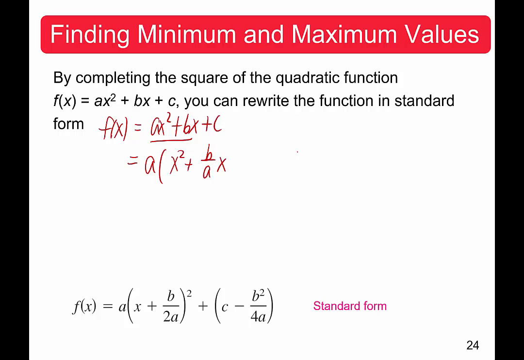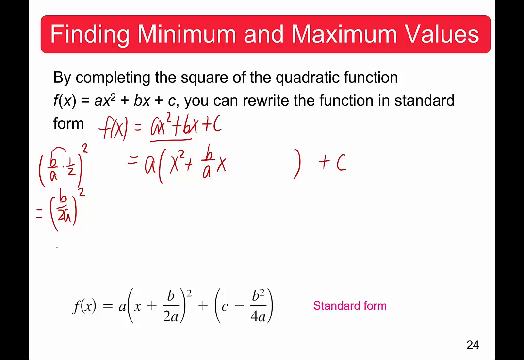Now as usual, we're going to add a constant here, and the way we get it is by dividing the middle coefficient, b over a, by 2. Divide by 2 means multiply by half, and we square it. So multiply across, we get b over 2a, and we square it.